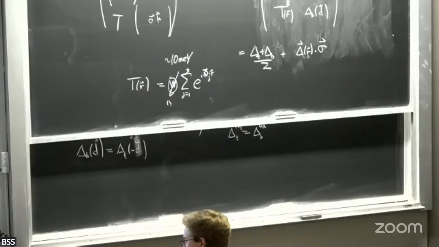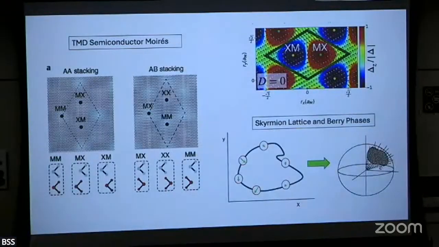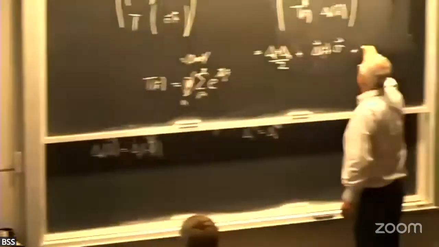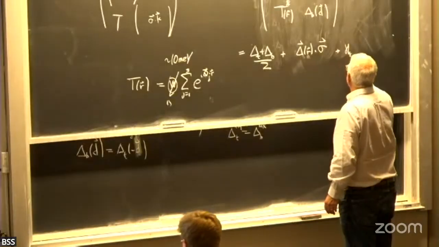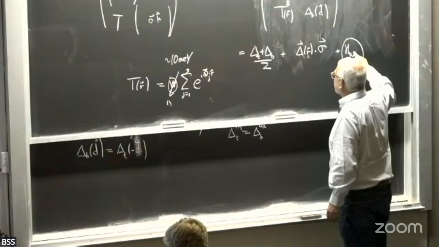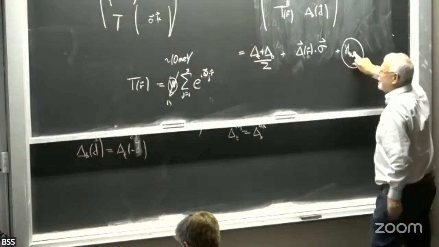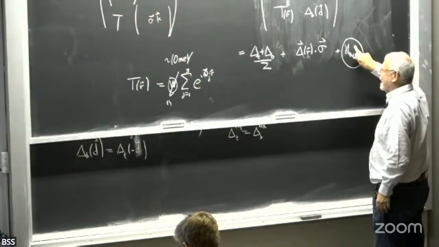So if you represent this local state, if you just ignore the kinetic energy for a moment, the Hamiltonian in this model, I'm just talking now about these local terms from the Moiré pattern, but in addition, there'll be a kinetic energy.